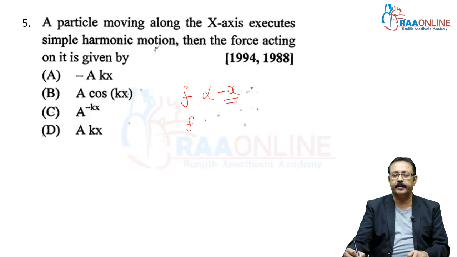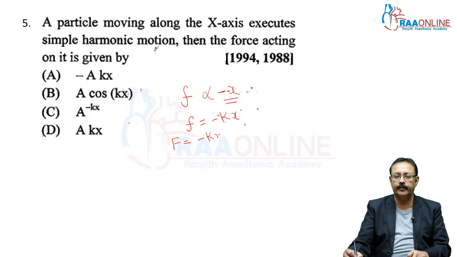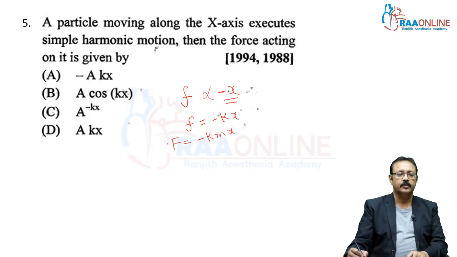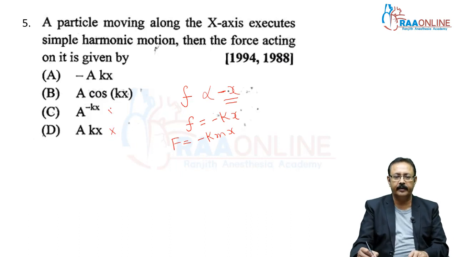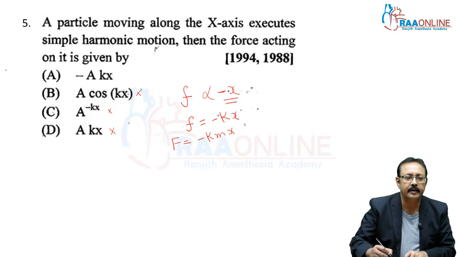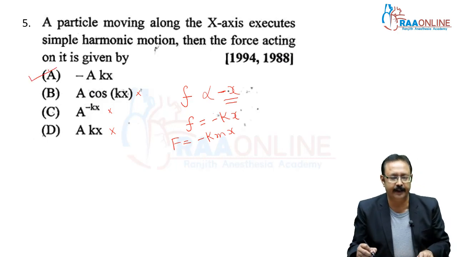So acceleration should be equal to minus kx for simple harmonic motion. Force is mass into acceleration, so we need this type of equation. Rejecting the others: force should be negative, x should not be in a power, and x should not be a trigonometrical function. So only one option was there, and we are going with minus kx.